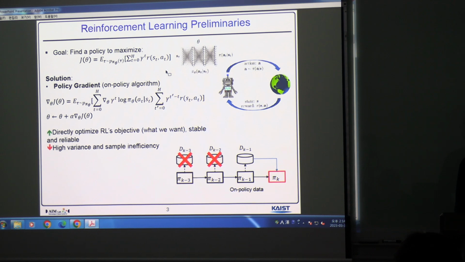It means that we require a lot of samples, a lot of data, to learn the optimal policy. So in many recent papers, if we have a lot of data, we can use this method. For instance, in ChatGPT, they fine-tune their model by using this kind of algorithm.